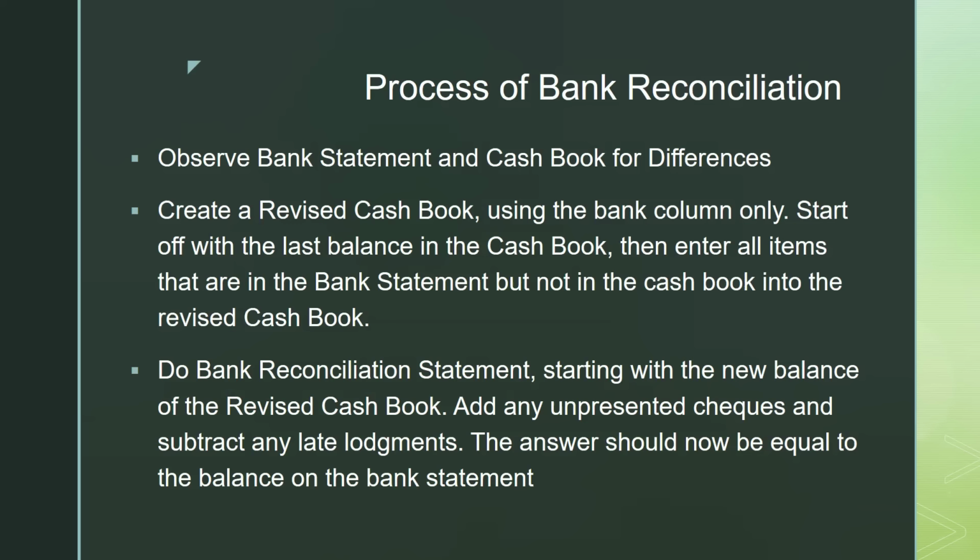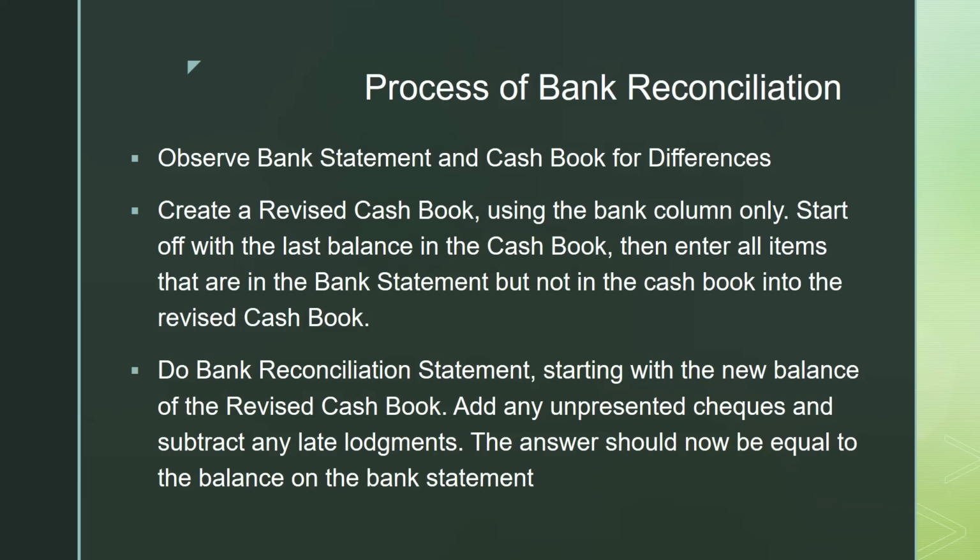And then the third step is to do something called a bank reconciliation statement. You start off with your revised cash book balance, and then you add any unpresented checks. Remember we said that would be in the cash book, but not in the bank statement. That's checks we paid to people, but they didn't cash yet.